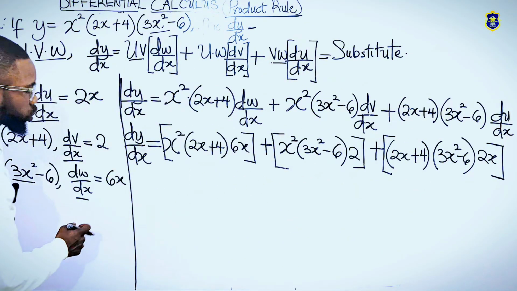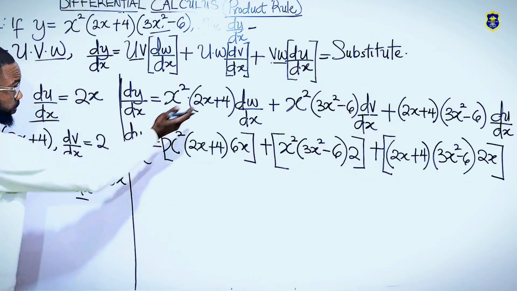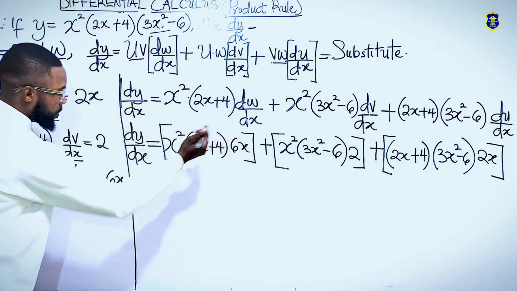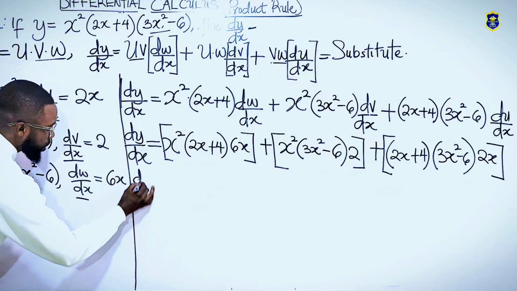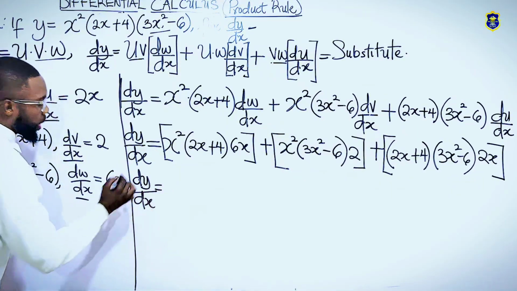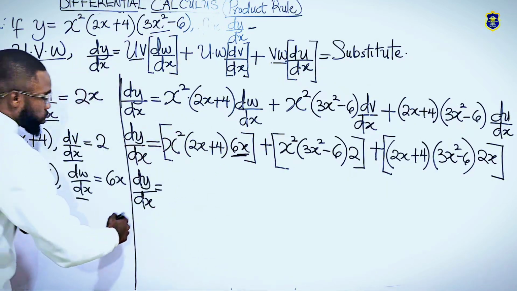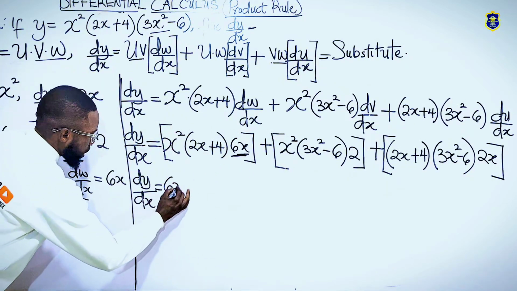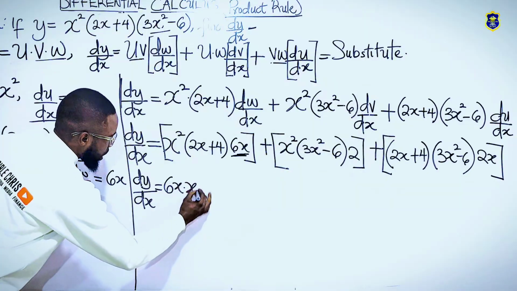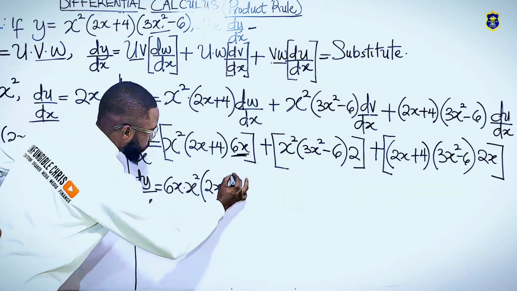So from here, we're just going to simplify further. This can be your answer. We fixed everything, just to simplify further. So dy/dx is, let's pick this one first. All the values here, let's just bring them here. It's going to be 6x times x squared bracket 2x plus 4.